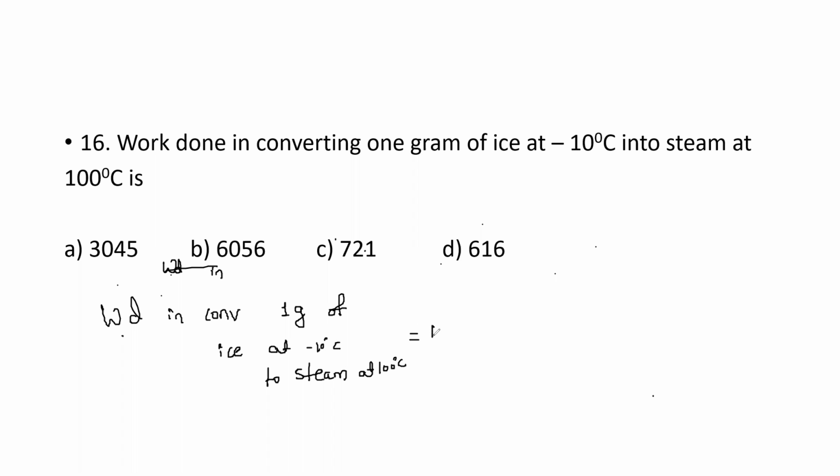That is given by W, work done, for ice to convert from minus 10 to 0 degrees Celsius. First, it will convert from minus 10 to 0. Then work done from 0 to 0, that is from solid to liquid.